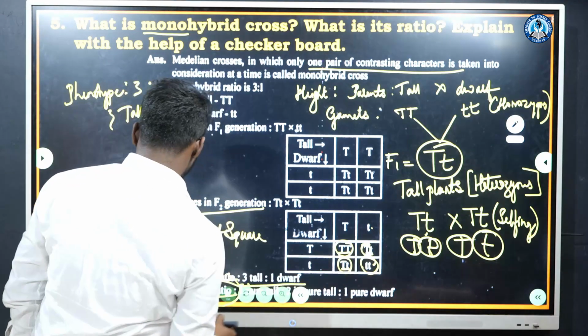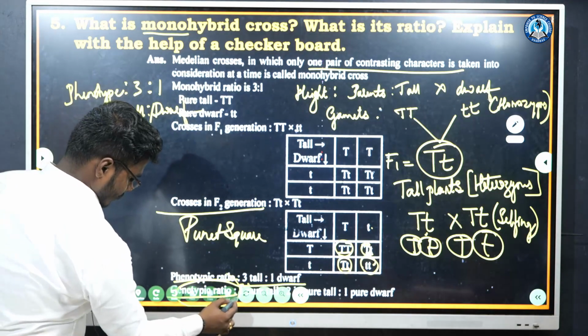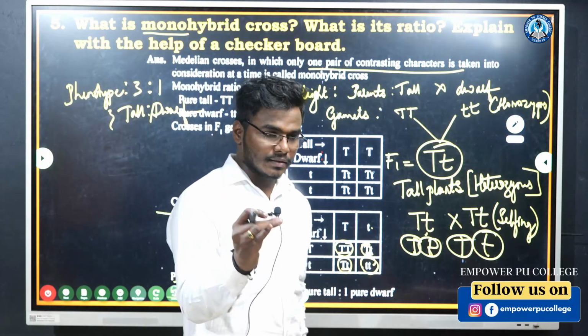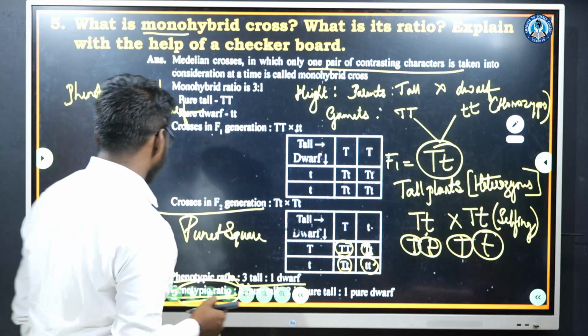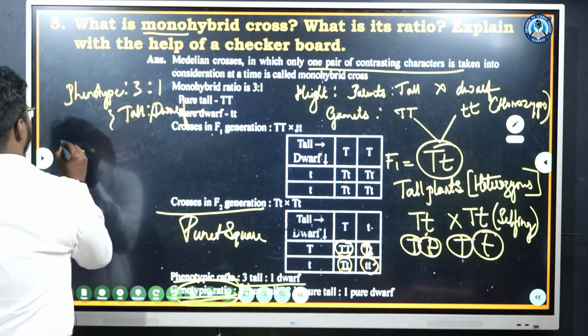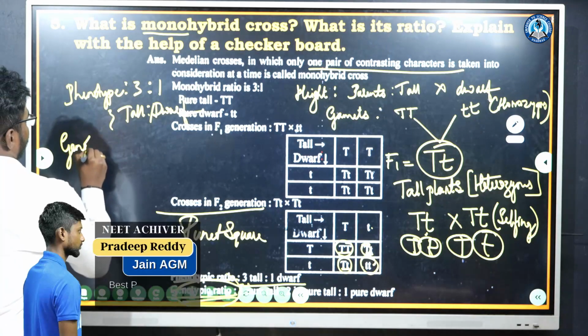Next one is the genotypic ratio. Genotypic ratio means the genetic makeup of the plant. So let us write the genotypic ratio here.